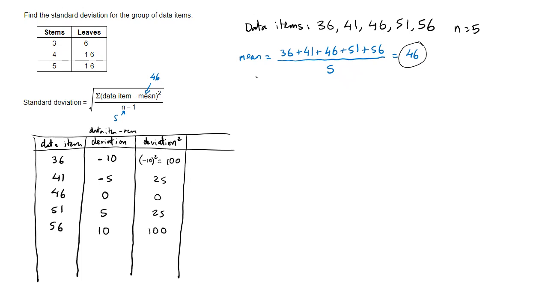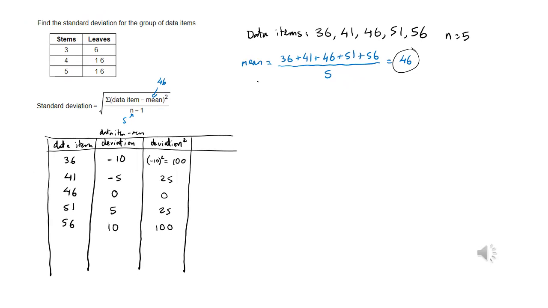Next, we need the sum of the data items minus the mean, this part up here, the sum of data item minus the mean squared, which is the sum of the deviation squared. So basically we're adding up all of these.